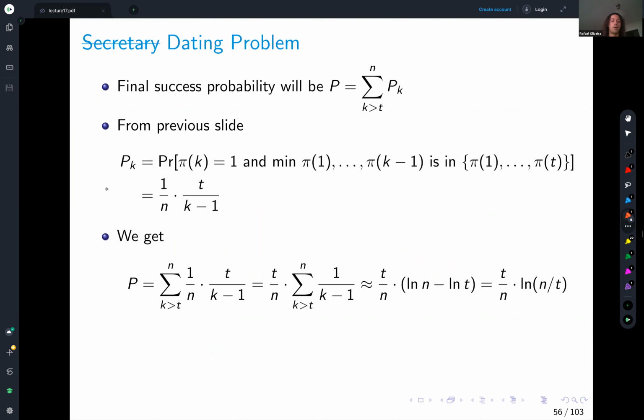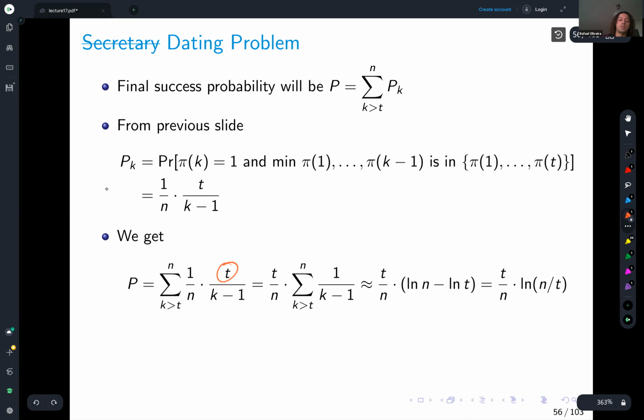The success probability P will be equal to the sum for all K bigger than T of 1 over N times T over K minus 1, right? But if you notice, T is a constant and N is also a constant.